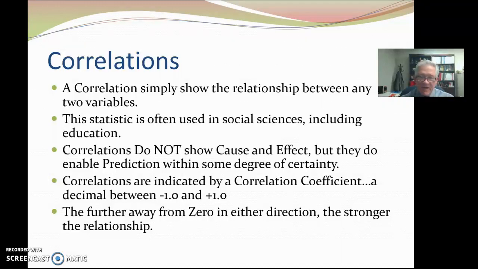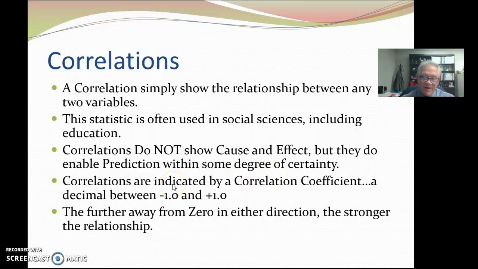The fact that they eat 7,000 calories a day may be the cause, after all. But correlations do enable prediction with some degree of certainty. I can predict, not with absolute certainty, but with some degree of certainty, that if a person is taller, they probably are going to weigh more than someone who is shorter. Of course, that is not perfectly true.